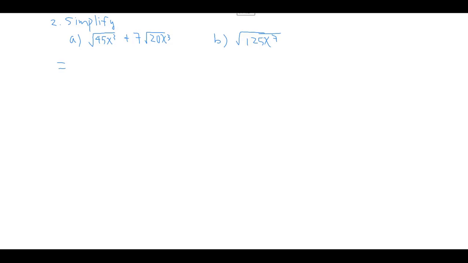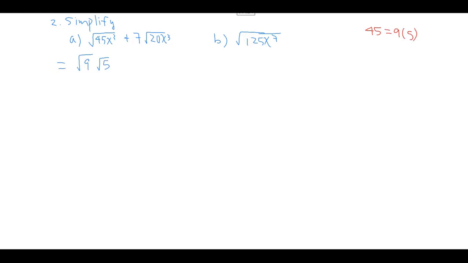You have 45 equals 9 times 5, and this 9 is a perfect square. That's 3 squared, right? So to simplify, you can write the square root of 45 as the square root of 9 times the square root of 5.